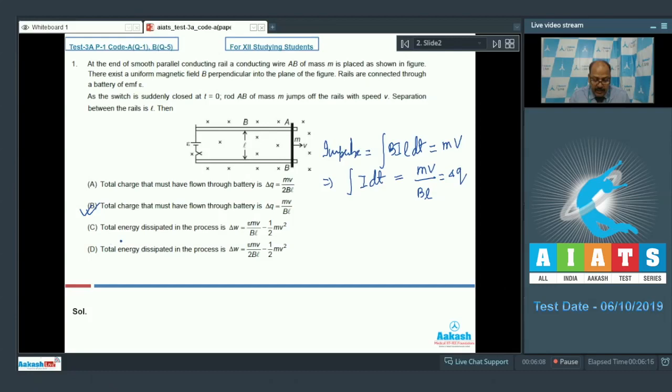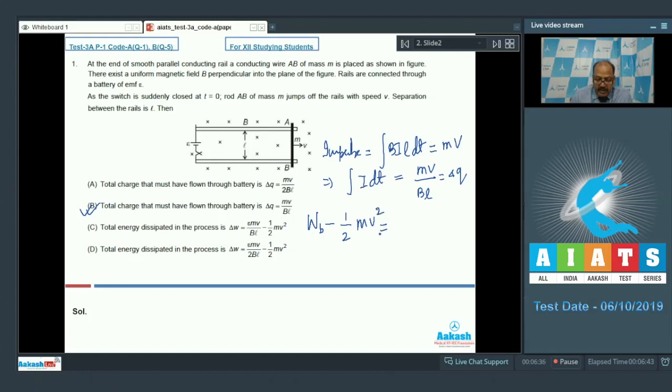Option C says the total energy dissipated in the process is this much. Well, to find the total energy dissipated, we look at the work done by the battery and of course the kinetic energy of the rod. The heat dissipated is simply the work done by the battery minus the kinetic energy of the rod, right?